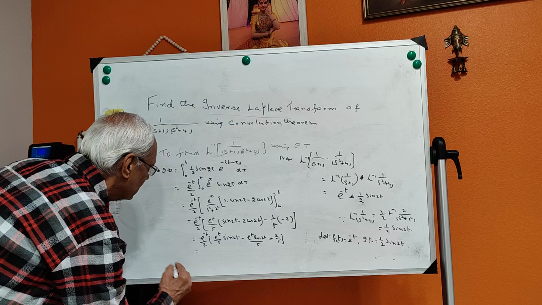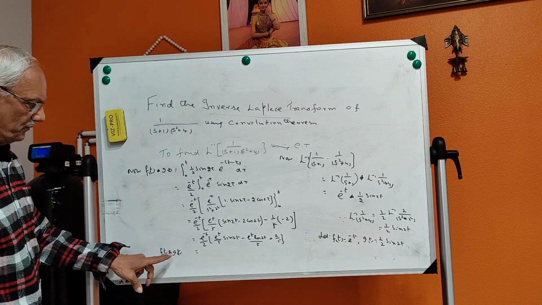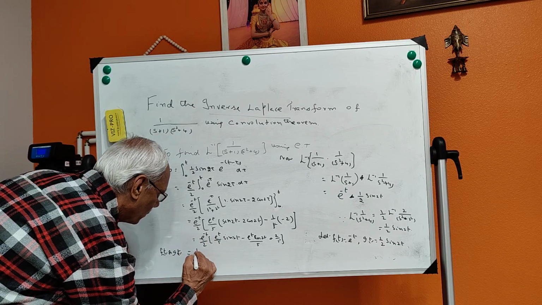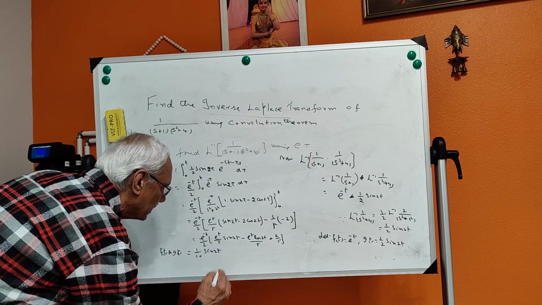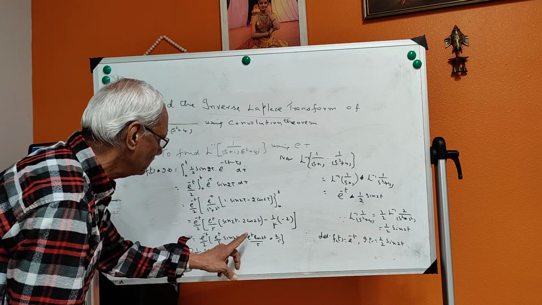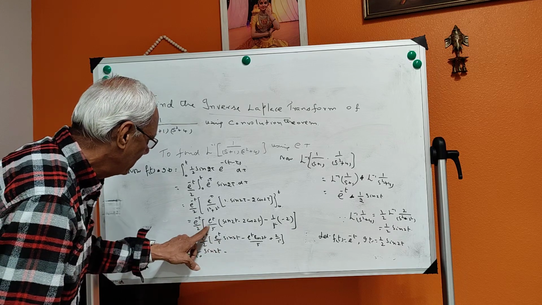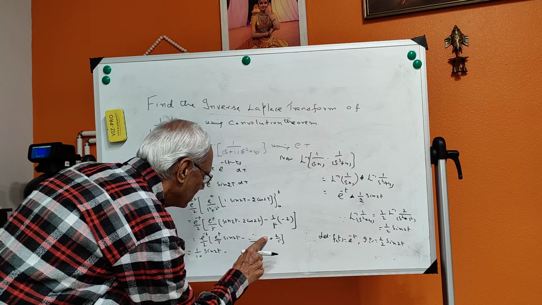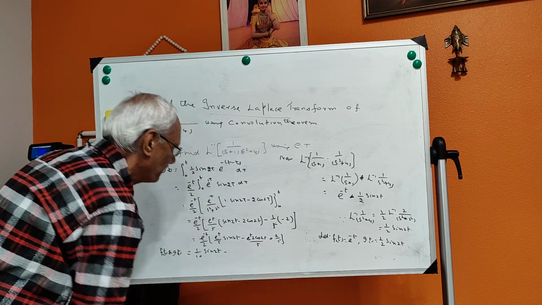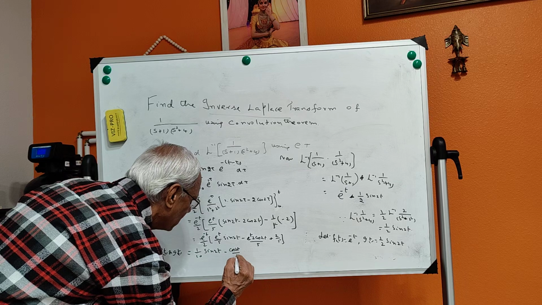Now take this inside: f of t convolution g of t is equal to, e to the power of minus t plus t is 1, so 1 by 10 into sine 2t minus 2 cos 2t, plus the remaining term, so when you take this inside, the 2 and 2 go off, giving you cos 2t divided by 5.